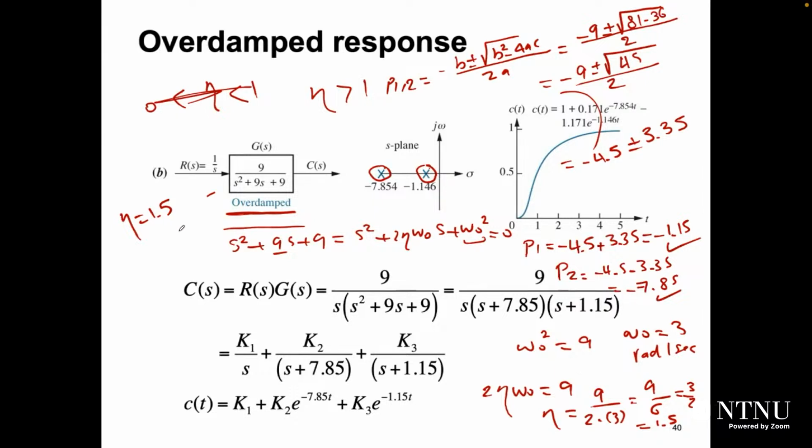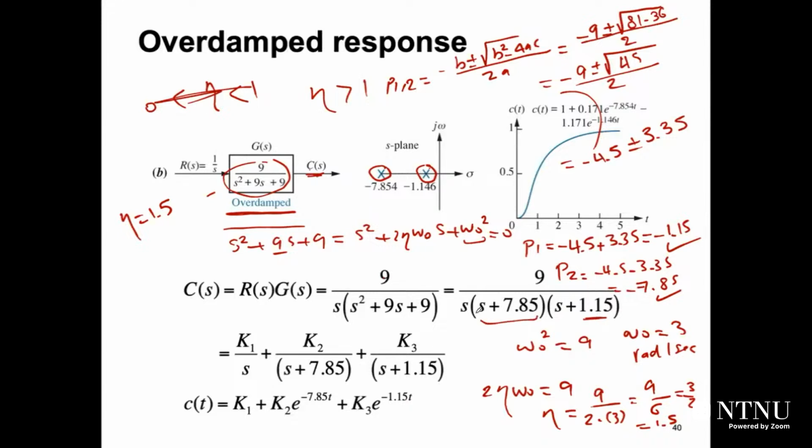If you want to get the time response, C of S equals this transfer function multiplied by R of S, so it will be 9 divided by S multiplied by that part. We cannot factorize, but we found the roots of this characteristic polynomial: S plus 1.15 and S plus 7.85.